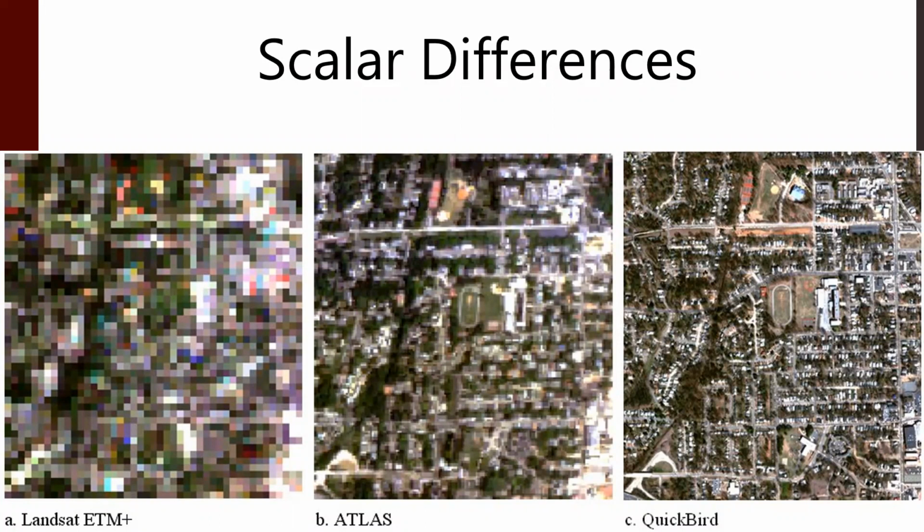If I remember correctly, the Landsat pixels are 30 meters, or yeah, I think 30 meters. I guess we could probably measure. There's a track in the middle that eventually becomes clear. I think it's 30 meters for Landsat, 10 meters for Atlas, and 1 meter for QuickBird, I think. Does the world look different at different pixel sizes?